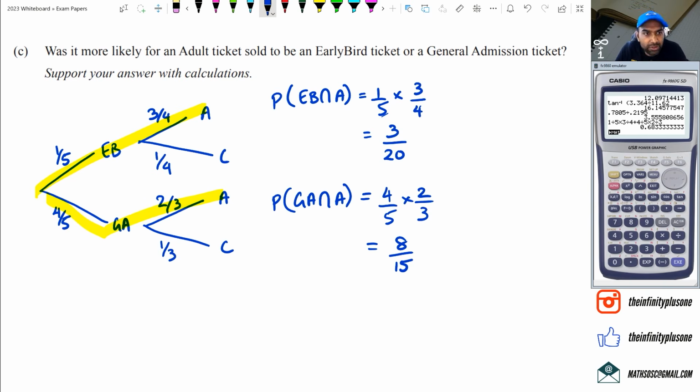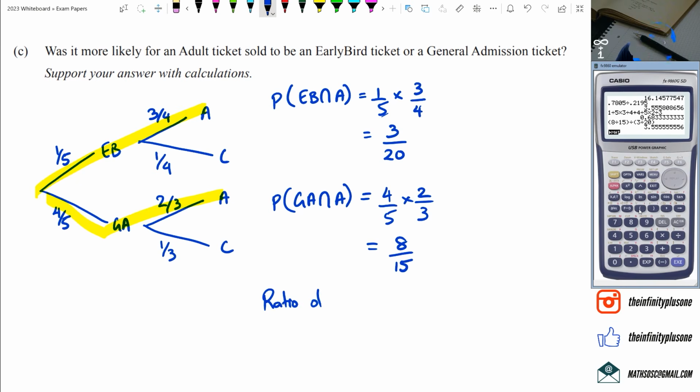The next thing I am going to do is look at the difference. Obviously those two probabilities are not the same. If I do 8/15 divided by 3/20, I should probably do this in brackets. So I'm going to have 8/15, close bracket, divided by, open bracket, 3/20. I can see that the ratio is 3.56 between the two of them.